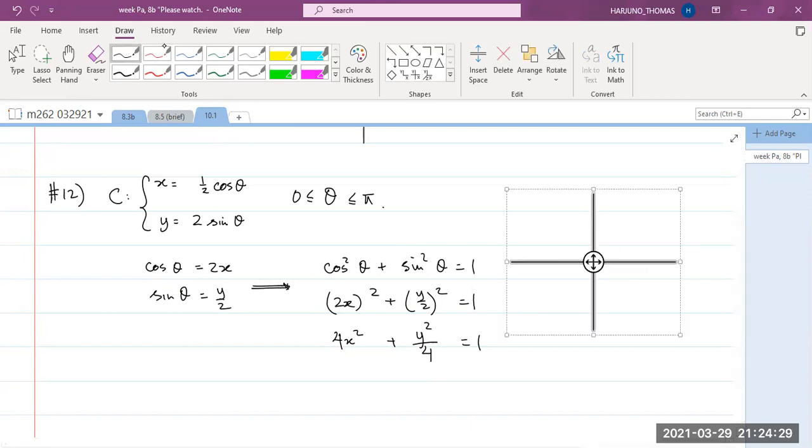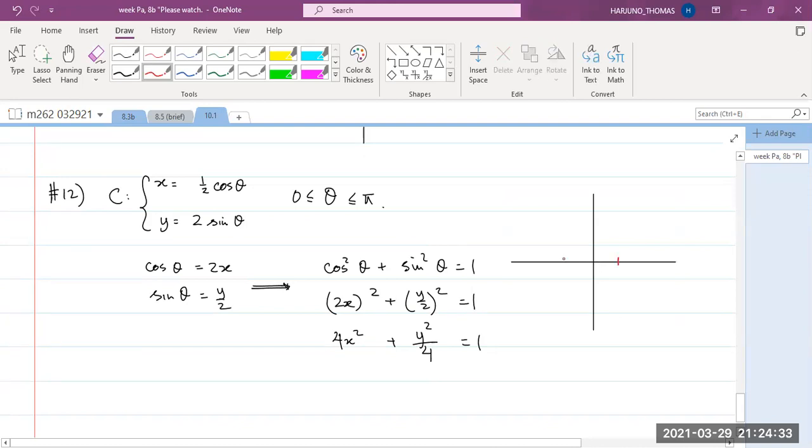Well, this is a circle with horizontal extension 1/2, right? And the vertical extension 2. I don't draw it to scale anymore.